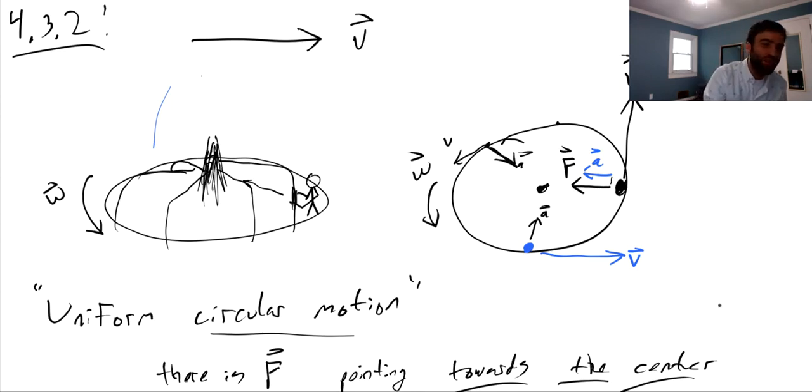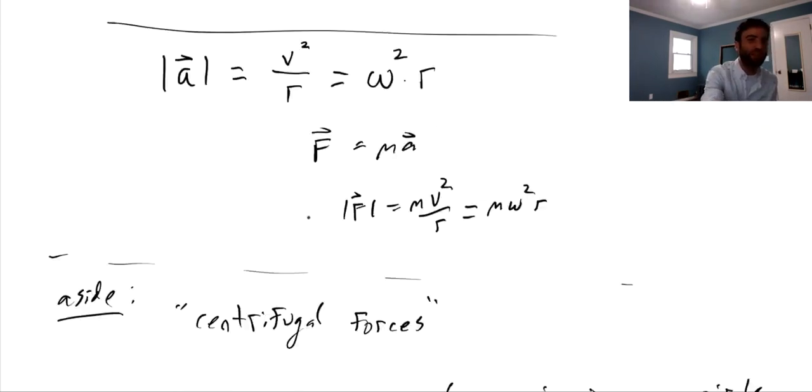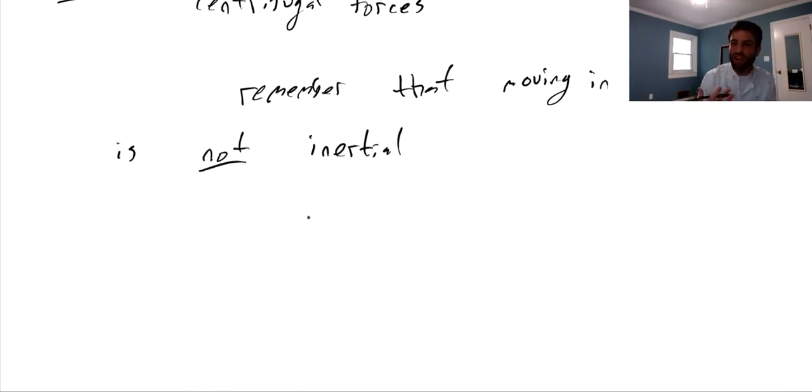But someone standing on the ground, looking at this whole thing, knows that you can't think of yourself as standing still and experiencing a force pushing you outward. Instead, you're moving in such a way that you're constantly changing your velocity. And that means you need to be exerting a force pointing towards the center of this circular rotation in order for you to change your velocity. So these centrifugal forces are kind of like a fictitious force that feels like it is acting on you when you are not in an inertial frame of reference, when you are accelerating, right? Great.